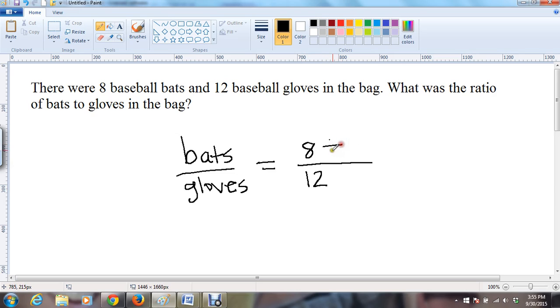So if we divide the top and the bottom of this fraction by 4, it will reduce the fraction down to lowest terms. 8 divided by 4 is 2. 12 divided by 4 is 3. So this fraction reduces to 2/3. So the ratio of bats to gloves is 2 to 3 in the reduced form. So you can reduce ratios exactly the same way that you reduce fractions.